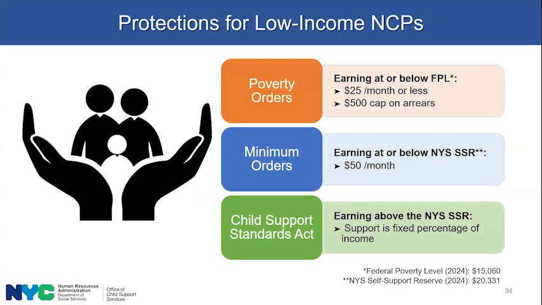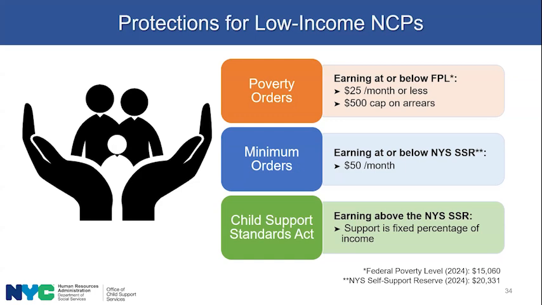For NCPs earning at or below the federal poverty level, the order can be $25 a month or less, and a $500 cap on arrears owed to DSS. Minimum orders for those earning at or below the self-support reserve, $50 a month.